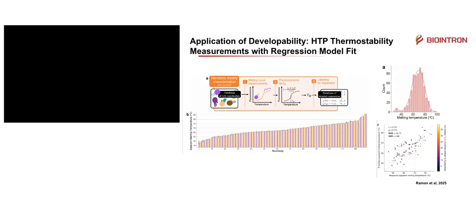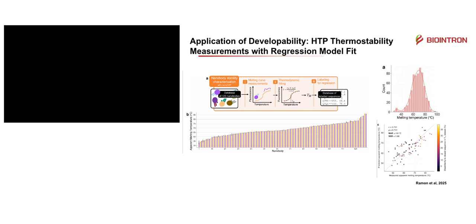So I just show you one example. It's a really new publication. They used a data set of more than 100 antibodies as a training set to build the correlation of sequence and melting temperature.